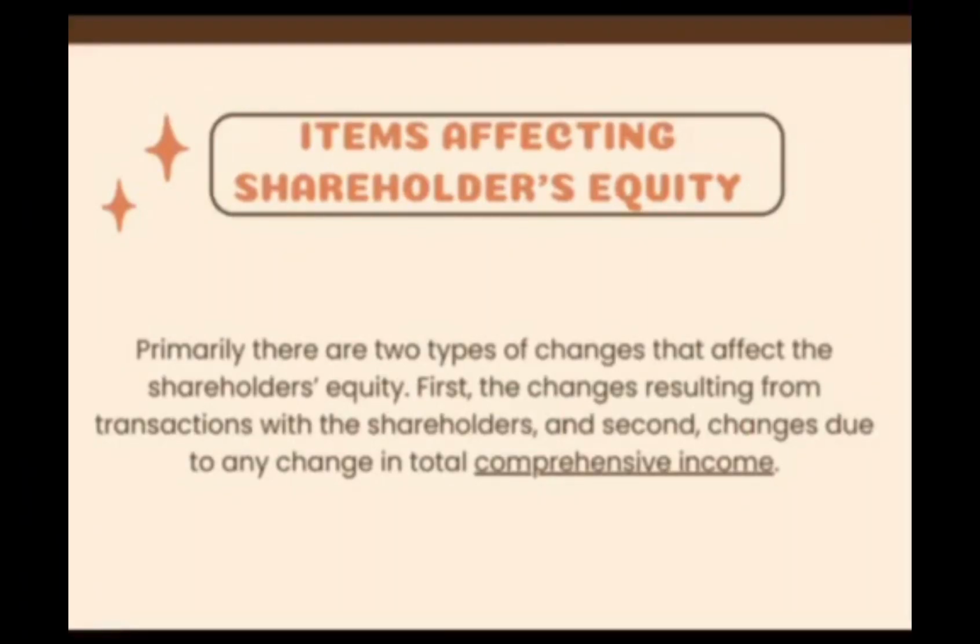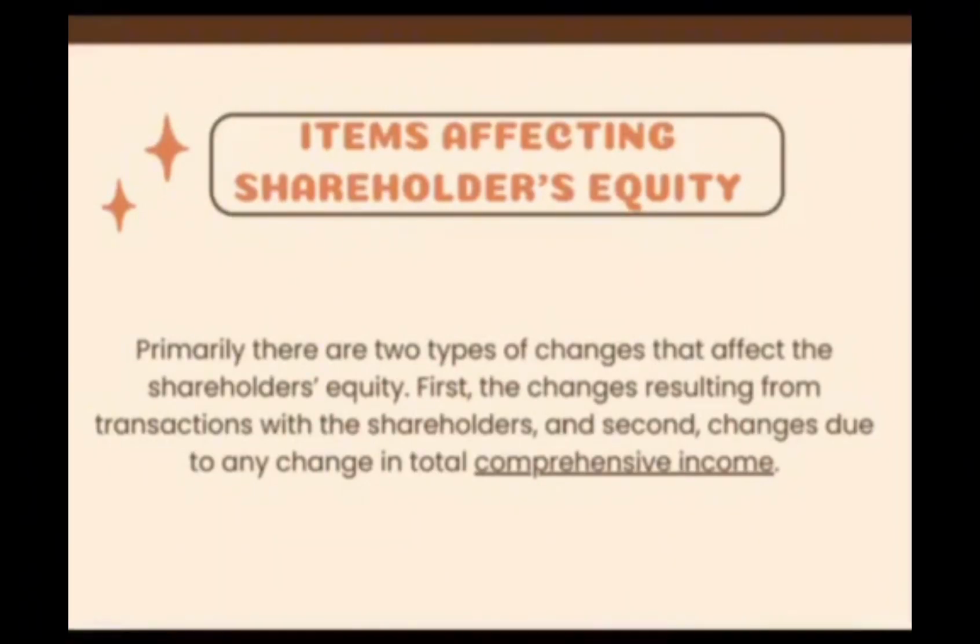These transactions can include the issuing of shares, repurchase of stock, also known as treasury stock, and the payment of dividends. When a company issues more shares, the equity increases as the company receives cash or other assets.